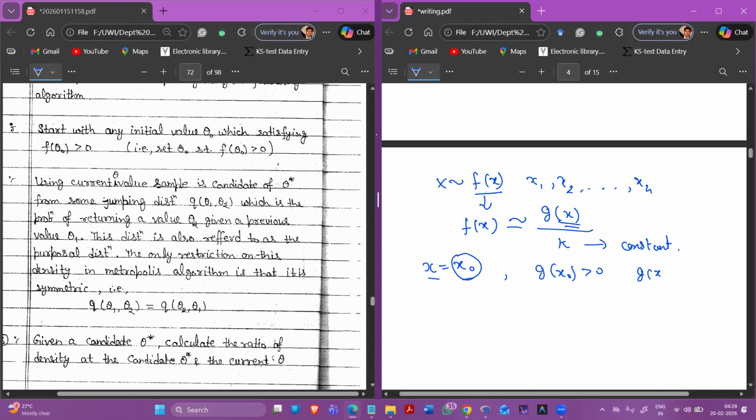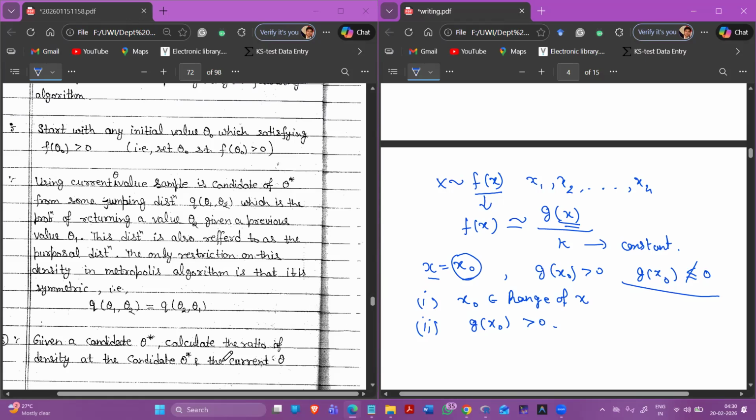It should not be less than or equal to 0; it should always be greater than 0. These two conditions should be satisfied. First, x naught should belong to the range of x. Second, g(x naught) should be greater than 0.